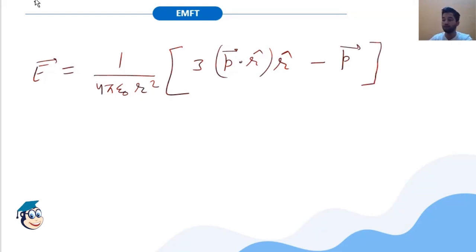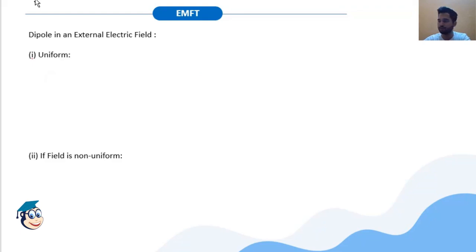This is the expression of the electric field vector in coordinate free notation. This is very important. You can use this formula in any coordinate system. You just have to know the vector value of the dipole moment p vector and the position unit vector r cap for solving for the electric field due to any electric dipole.